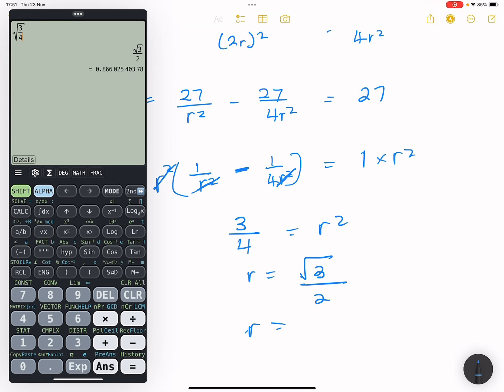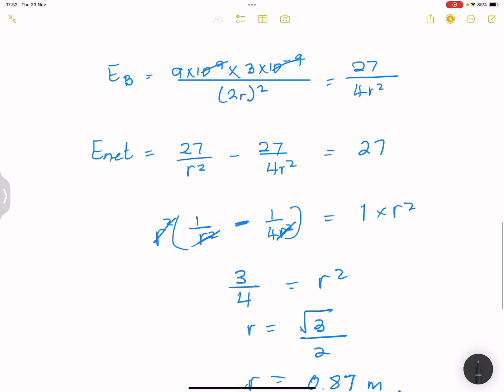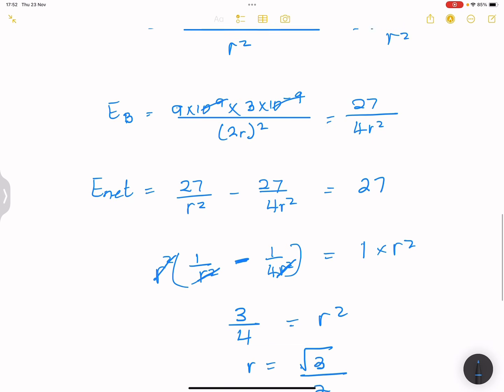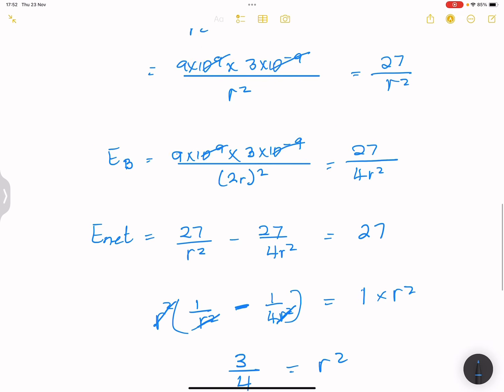So that's 0.866. Okay, let's say 0.87 meters. I hope that was correct. Of course, you can work this out in whatever way that you like mathematically. This is how I chose to solve it, and you get to the answer.